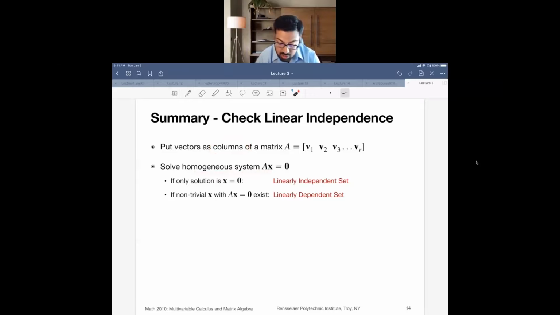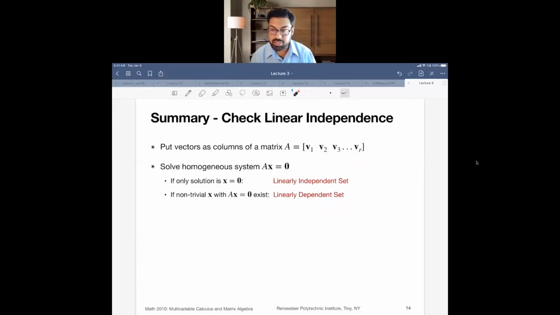If x equals 0 is the only solution, then we call that set of vectors v1, v2, and so on up to vr a linearly independent set of vectors. If we have at least one non-trivial solution, then we call it a linearly dependent set of vectors.